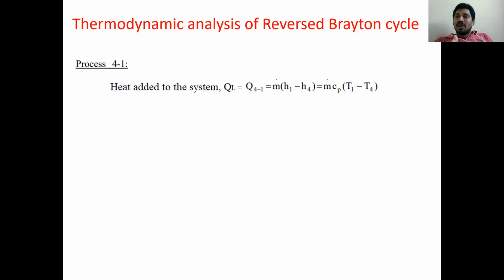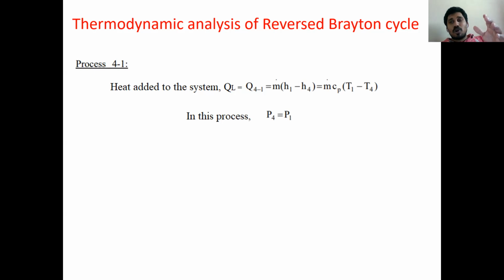Before the heat exchanger we see low temperature; after the heat exchanger we see high temperature because of heat addition. That's why at the exit of the heat exchanger we see a high amount of energy. So m Cp (T1 minus T4), exit minus inlet, because of heat addition. Here the pressure value does not change, so P1 is equal to P4.